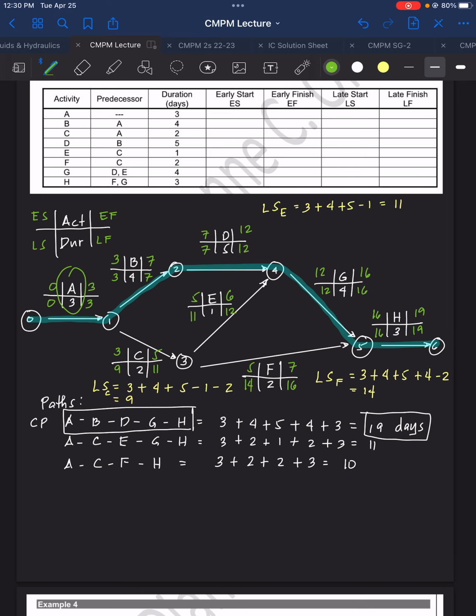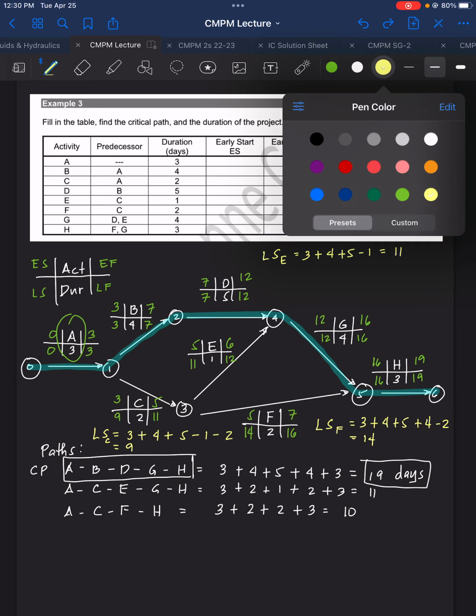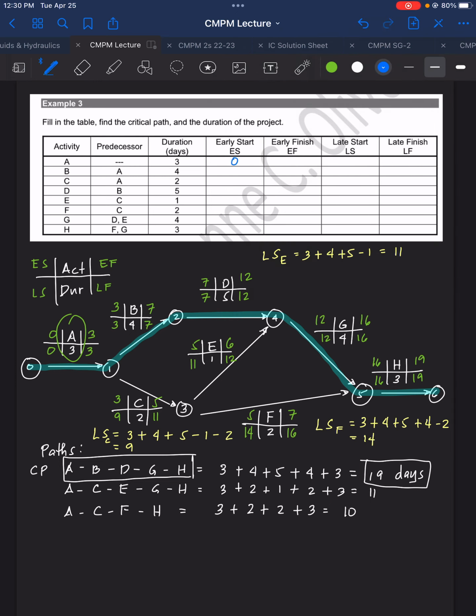So we're able to finish now the computation here. We will now fill in the table. Activity A: early start 0, early finish 3, late start 0, late finish 3.